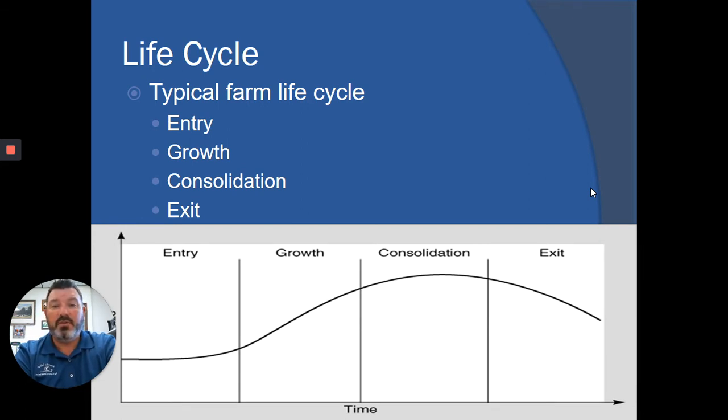Then a growth phase where you're adding acres or adding cattle or whatever it might be, actively growing the operation. And that upward trend of the curve could go for quite a long time if you wanted it to. You see some farm businesses that grow for many, many years and decades.